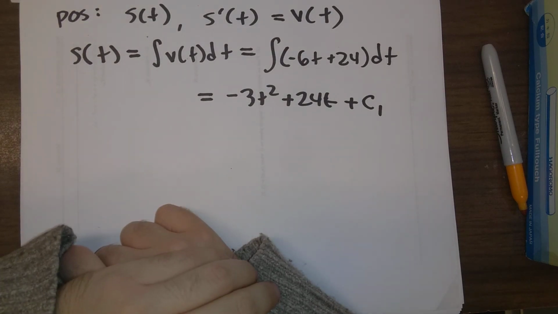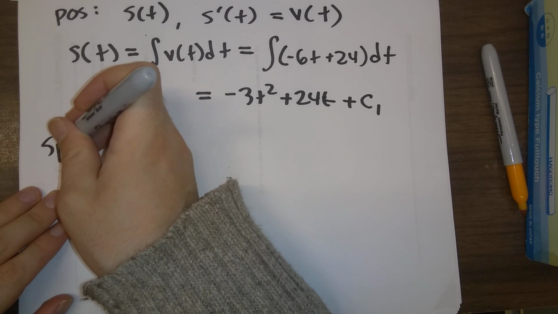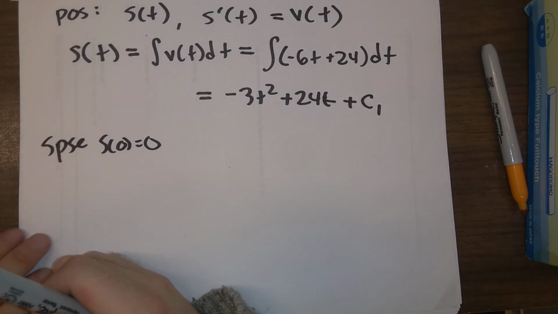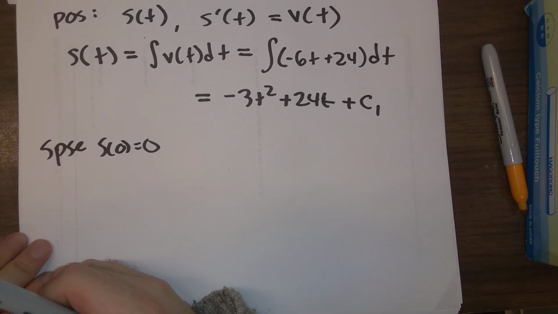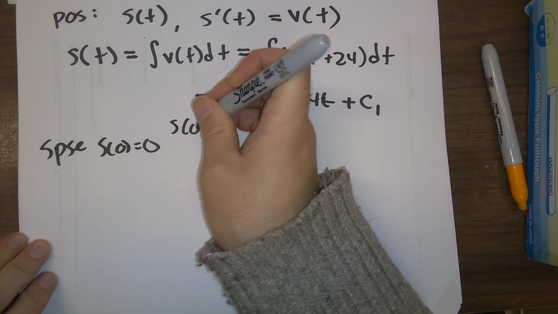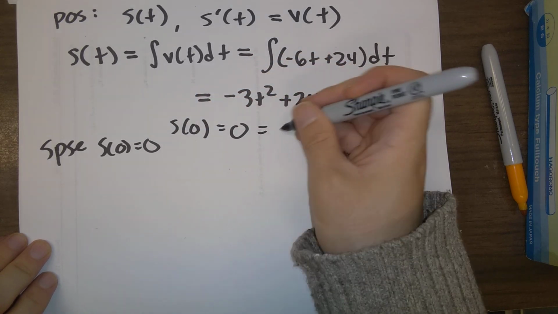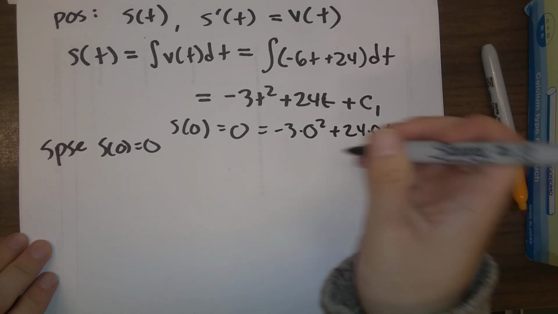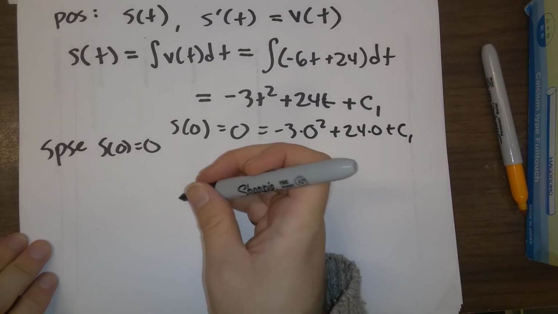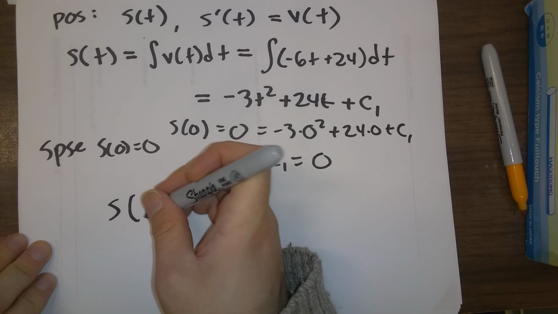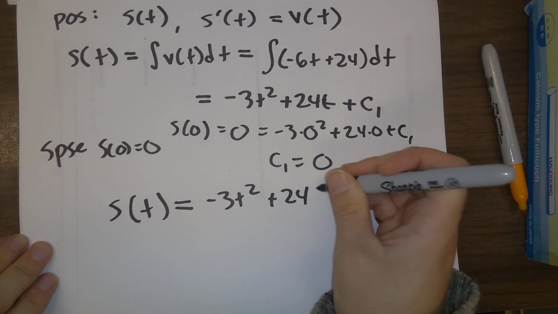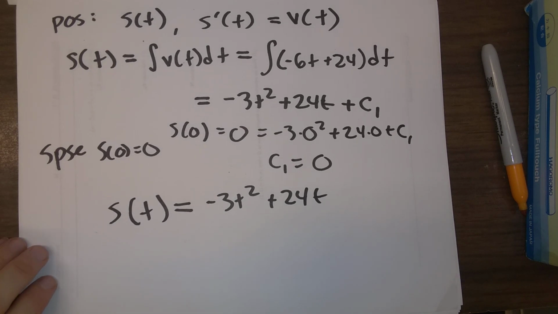And so if we suppose that s of 0 is equal to 0, we just say that the position of the car when t is equal to 0 is 0. s of 0 is minus 3 times 0 squared plus 24 times 0 plus c1. So this says c1 is equal to 0. So overall, our position function is minus 3t squared plus 24t plus 0.